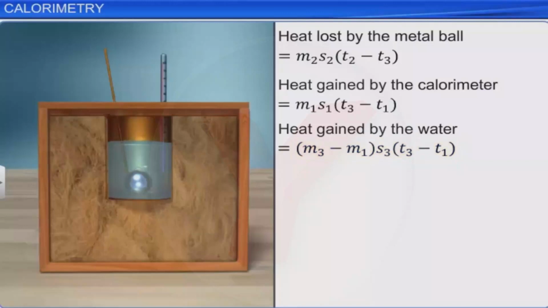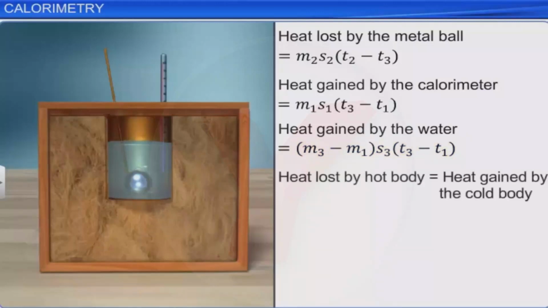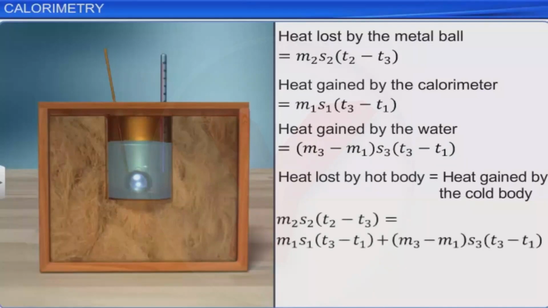Applying the principle of calorimetry, heat lost by a hot body is equal to the heat gained by a cold body, which is expressed as M2 into S2 into (T2 minus T3) equals M1 into S1 into (T3 minus T1) plus (M3 minus M1) into S3 into (T3 minus T1).